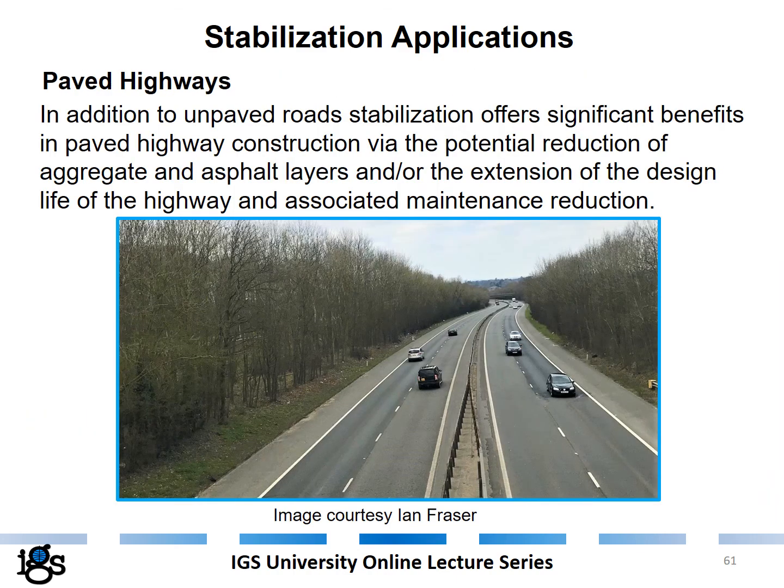Another application area of stabilization are the paved highways. In addition to unpaved roads, stabilization offers significant benefits in paved highway construction via the potential reduction of aggregate and asphalt layers and/or the extension of the design life of the highway and associated maintenance reduction.